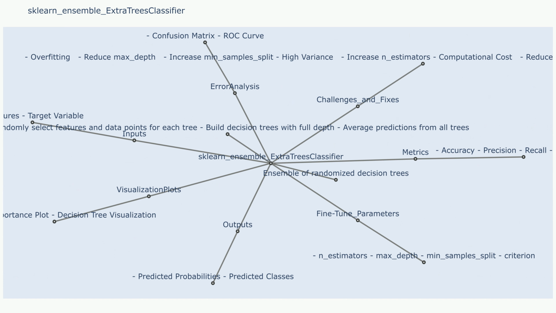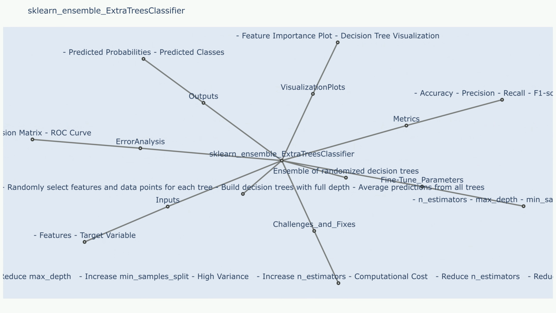Use feature selection techniques to reduce the dimensionality of the data. Reduce the depth of the trees: limit the maximum depth of the trees to prevent overfitting. Use regularization techniques. Techniques like L1 or L2 regularization can help to prevent overfitting.